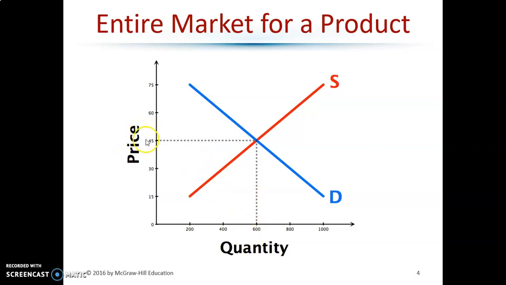So the quantity can affect the price. The price emerges from just the different features of the demand and the supply sides of the market, how much the supply side is willing to produce at each potential price, and how much the demand side is willing to purchase at each potential price. Wherever that comes together, wherever that becomes equal, that's where we have our equilibrium market price and market quantity.